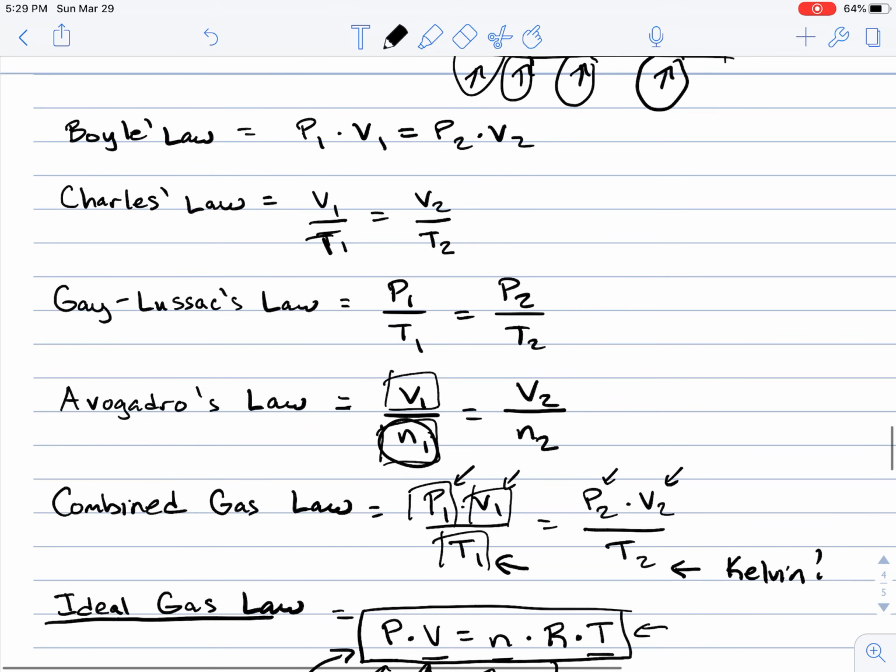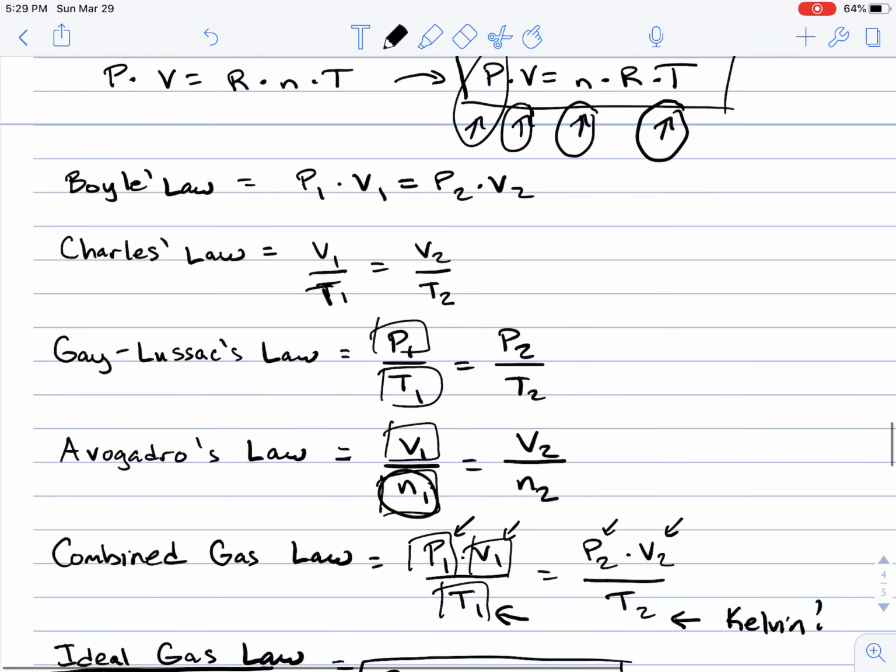If you're given two values for pressure and two values for temperature, you'll be using Gay-Lussac's law. If you have two values of volume and two values of temperature, you'll be using Charles's law. And last but not least, if you have two values of pressure and two values of volume, you'll be using Boyle's law.